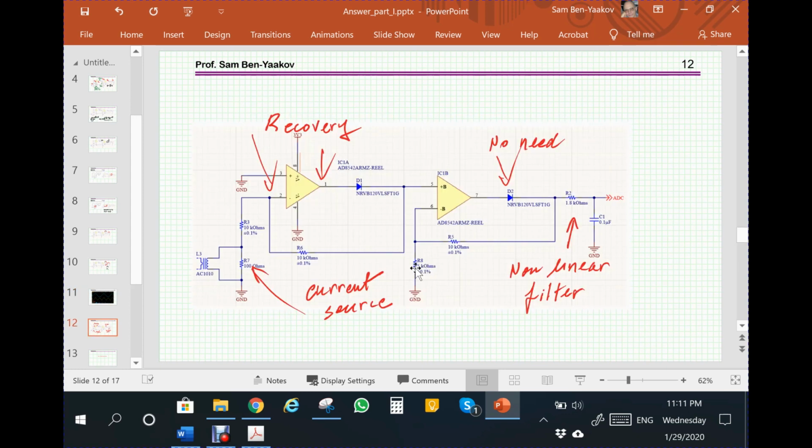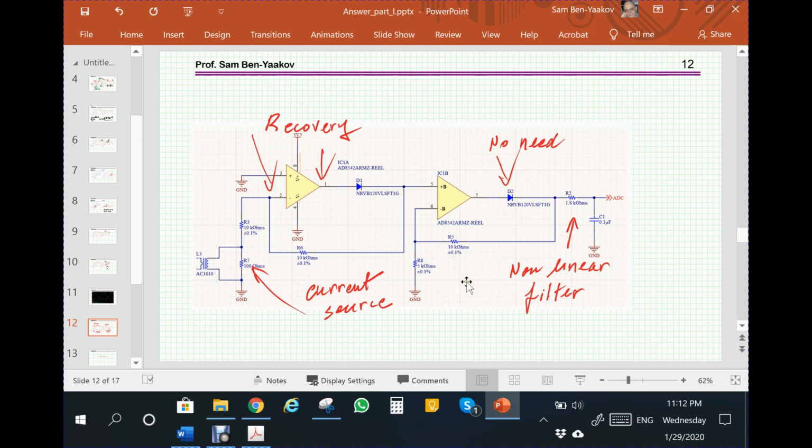So let me just summarize. We have, in this case, the problem of this being a current source, so these resistors are incorrect, that you have to do some changes, other subtracting here or adding here 100 ohm. We have the problem of pushing this transistor, this amplifier hard into saturation, and then we have the recovery, although this may not be a big problem if the frequency here is low, but if it would have been a high frequency, this could be a big problem.